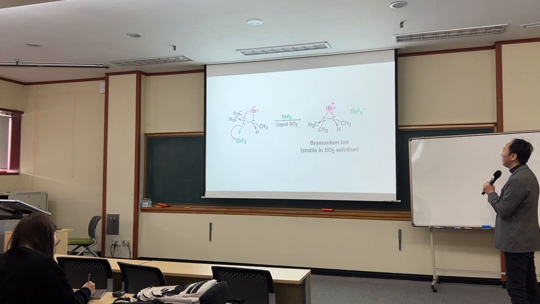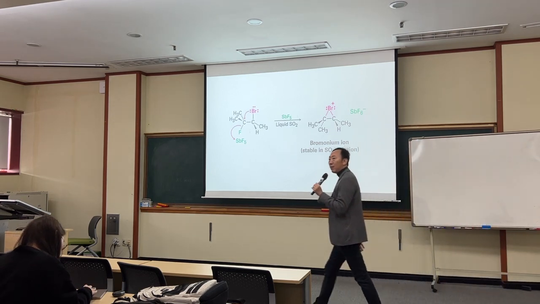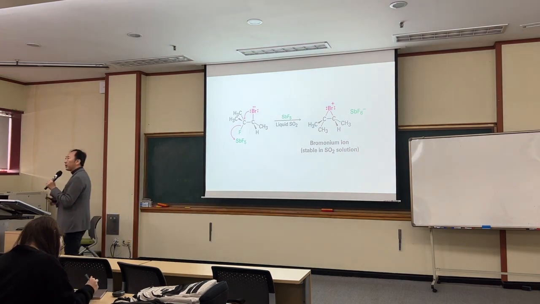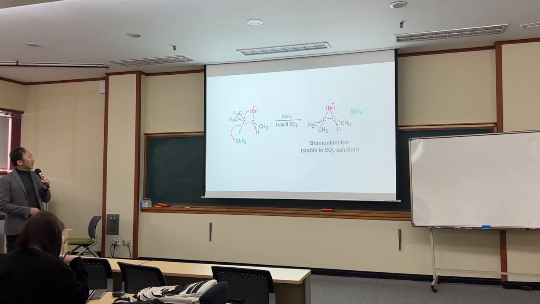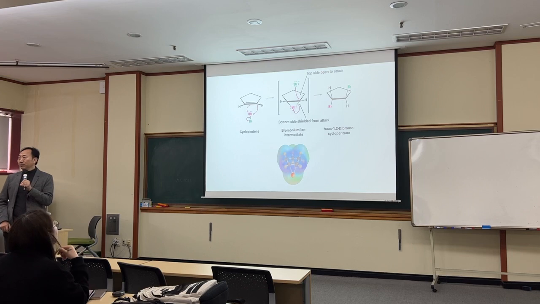And this hypothesis was proven by a chemist, George Olah. He worked on stable carbocations. The difficulty of the original work was that with a good nucleophile, you cannot stop the reaction at the intermediate state.